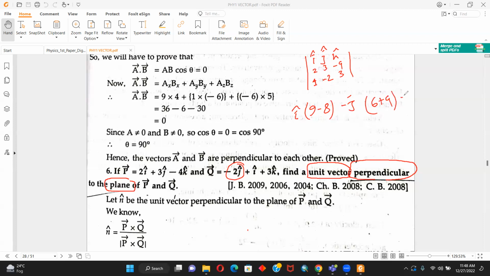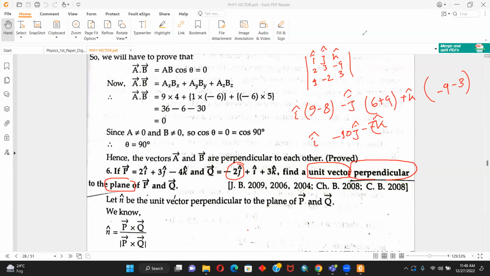Are you understanding what I'm doing? Then K: minus 4, then minus 3. This should be the answer you've gotten: I minus 10J minus 7K. Is it the answer that you got?